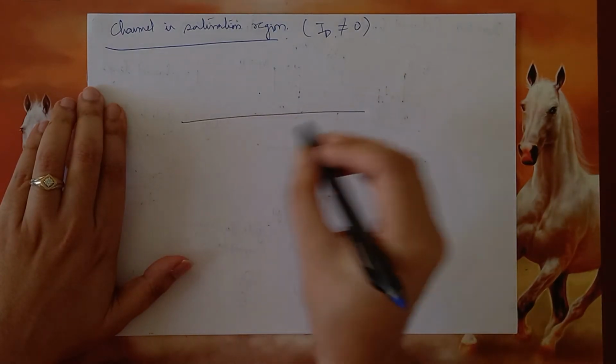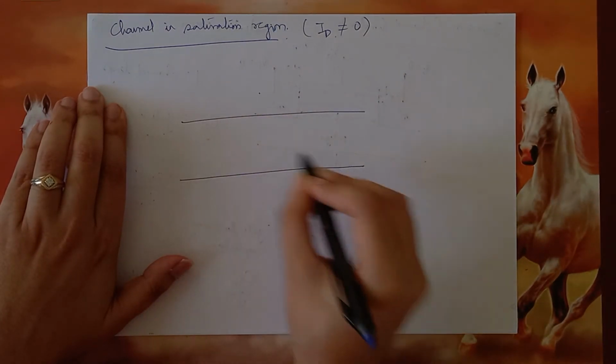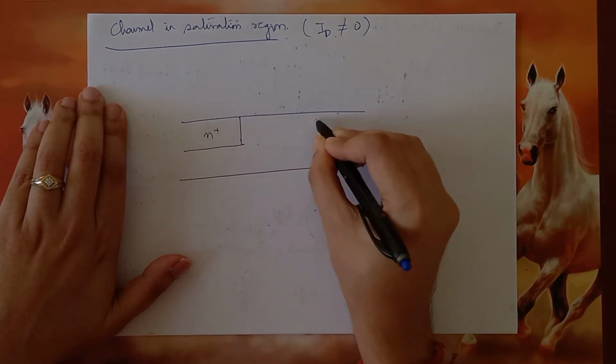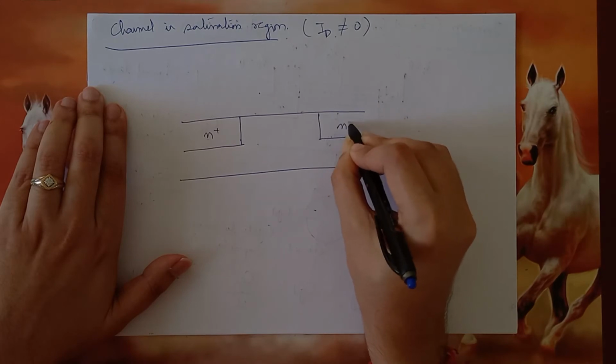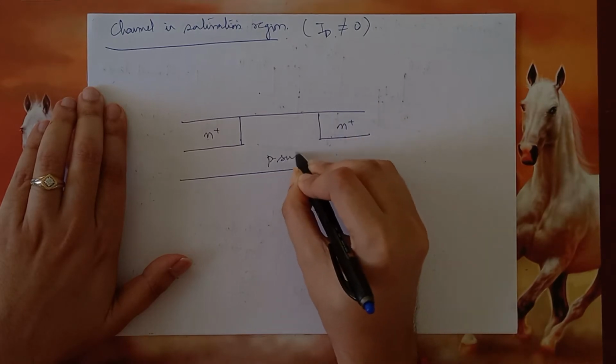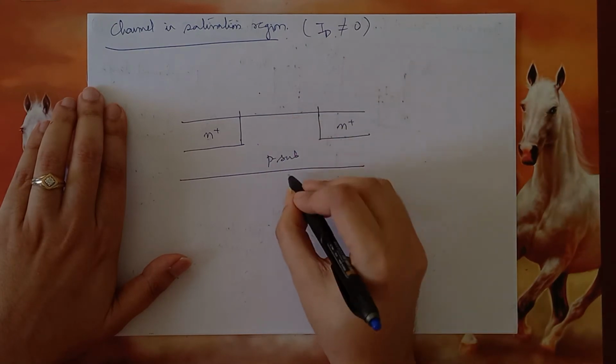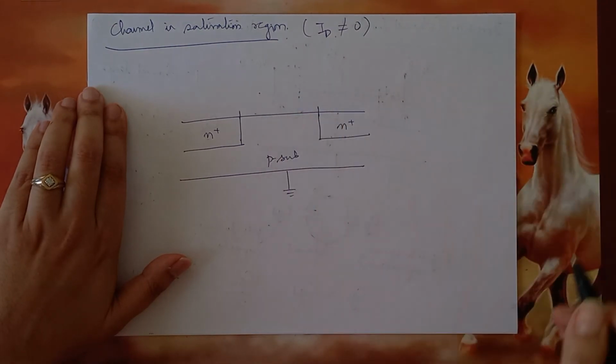So let us say this is our substrate, this is N plus, this is also N plus, this is P sub. Let the body be grounded.